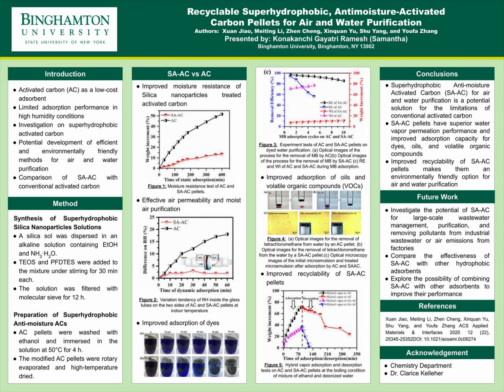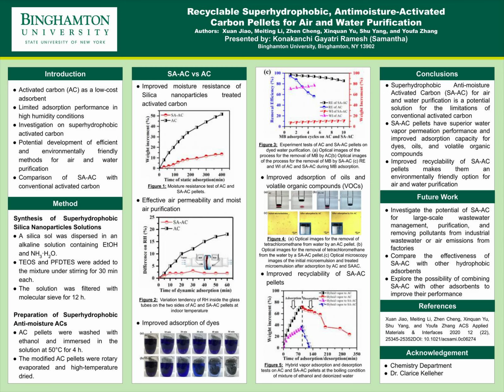The next point I would like to talk about is improved absorption by SAC of oils from macroemulsions and volatile organic compounds from water. As you can see in the first image, AC is not able to remove any of the VOCs from the water, whereas SAC was able to completely absorb all of the VOCs from the water, once again due to the moisture affinity difference.